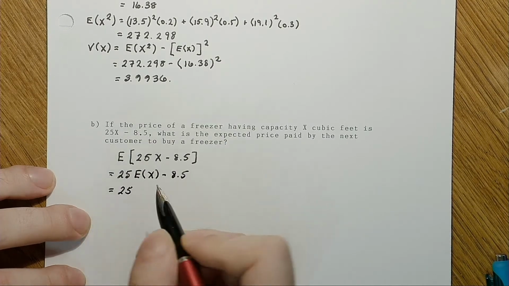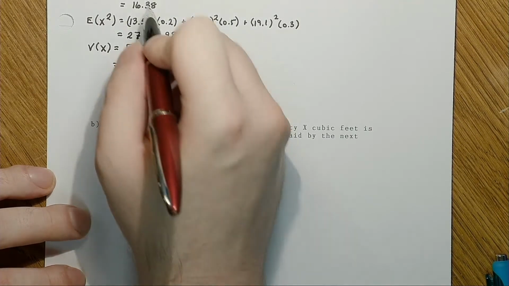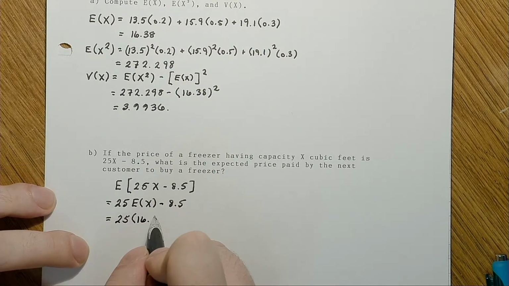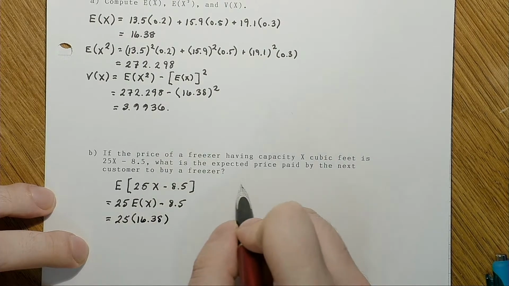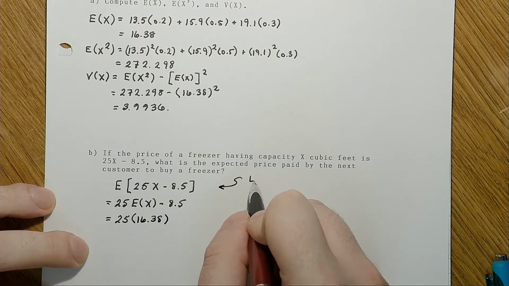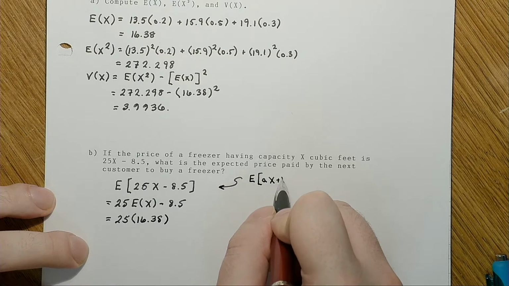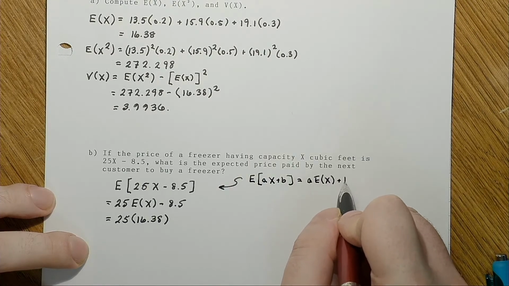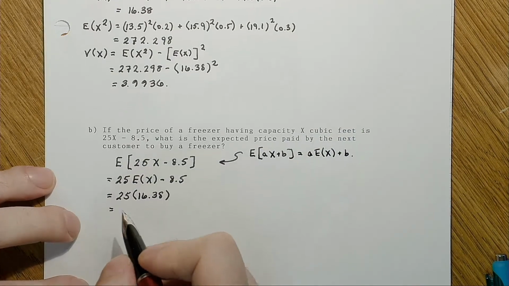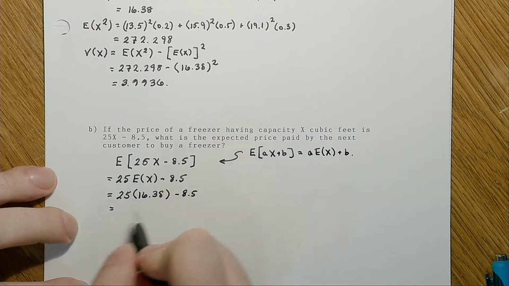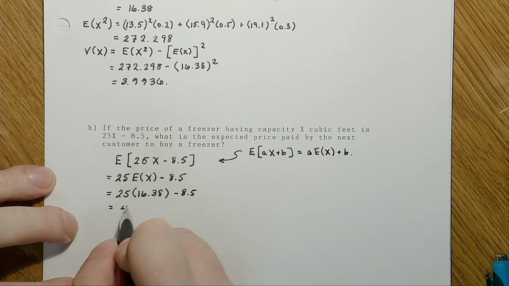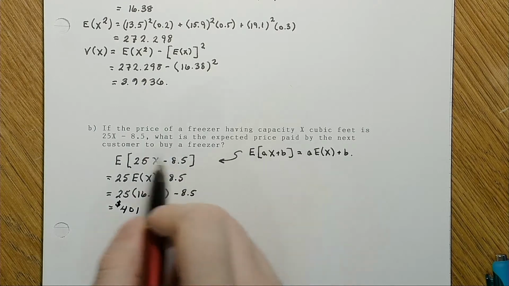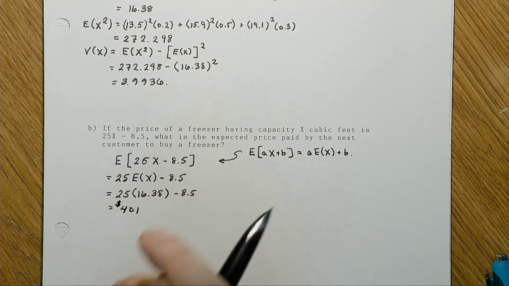So I get 25 times the expected value, which is 16.38, and what we get then is $401. So that's the expected price paid by the customer to buy a freezer.